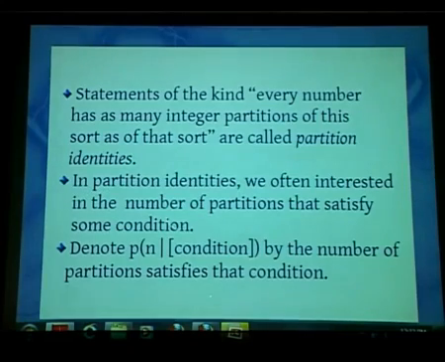In partition identities, what we are actually interested in is the number of partitions that satisfy some condition. That means the left hand side and the right hand side numbers should be the same, that's all we need. This is the one notable part. For that we have a convenient notation: P of n such that some condition denotes the number of partitions of n which satisfy that given condition.